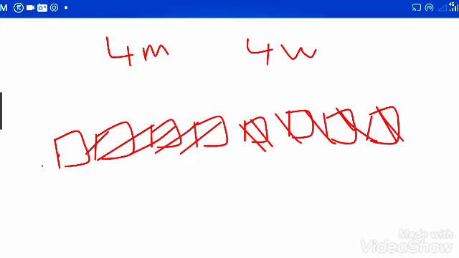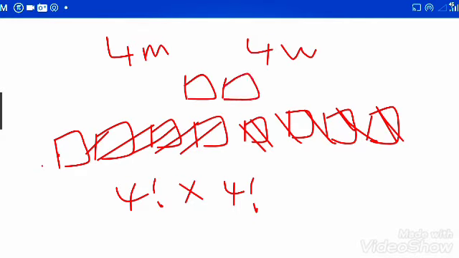The number of ways of arranging the men is 4 factorial, and the number of ways of arranging the women is 4 factorial. When you compress them, it's almost like we have just 2 boxes, that of men and that of women, so that will be times 2 factorial. So from here you can multiply out.